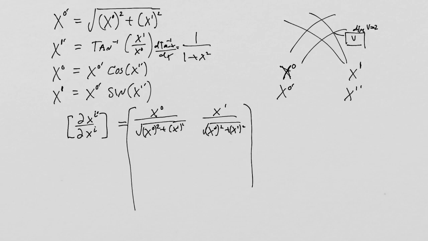So that thing's going to be 1 over 1 plus x1 over x0 squared, times the derivative of that to the minus 1, so it's that to the minus 2, so it's x squared, but then times x1.